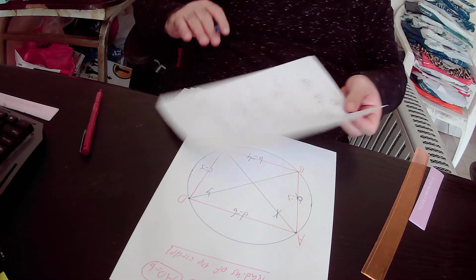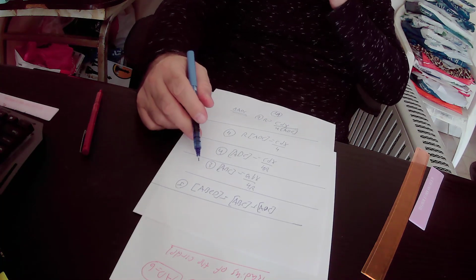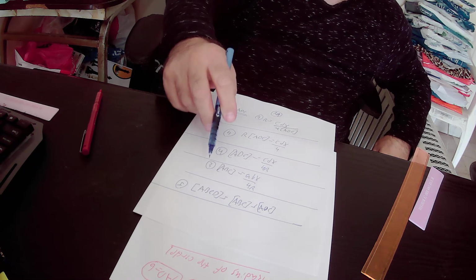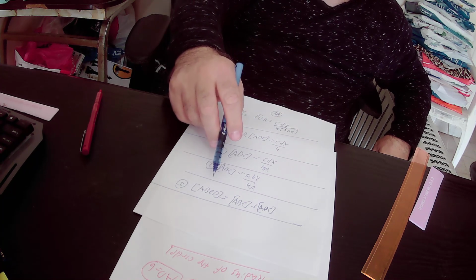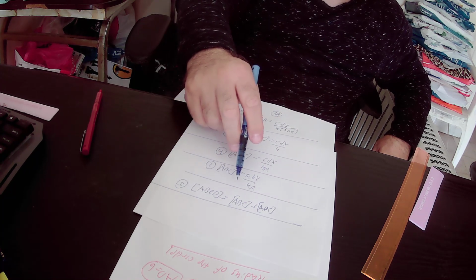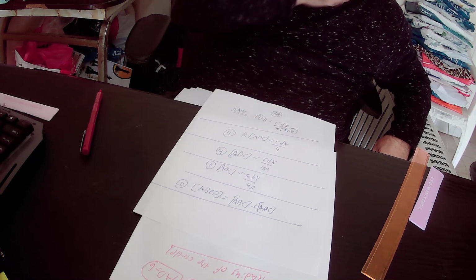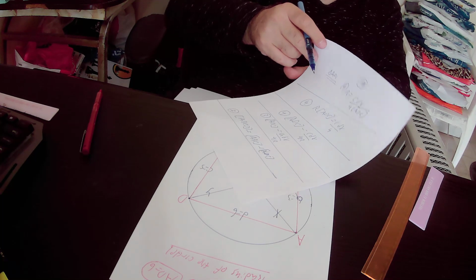I repeat again, the area of quadrilateral ABCD will be equal to the area of triangle ABC plus the area of triangle ADC. Why? Because quadrilateral ABCD consists of those two triangles, triangle ABC and triangle ADC. Okay?